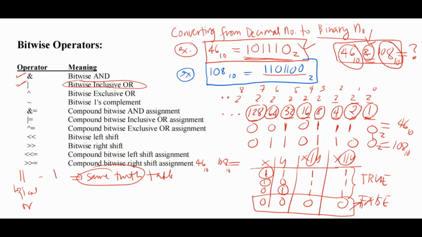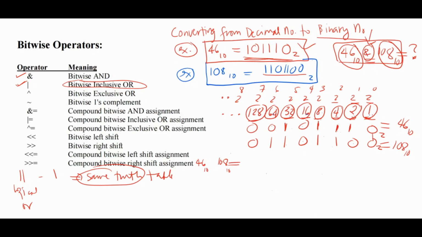If there is not at least one operand which is true, then the result is false. So if we're going to find 46 base 10 bitwise inclusive OR 108 base 10, let's find out the result. Again, this one is your decimal number 46, and this one in here is your 108 decimal number.